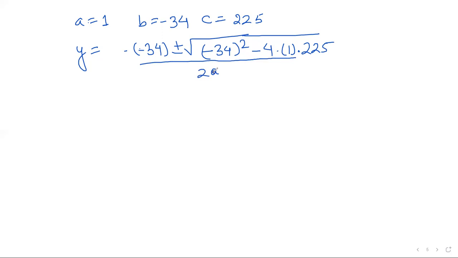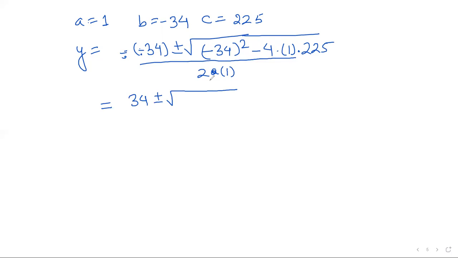Oops, a is 1. So we know that a is 1, we can write a as 1, we don't need to write the 2a. There is this minus. So if you simplify this, negative times negative is a positive, 34 plus minus the square root of, and 34 squared. So what is 34 squared?